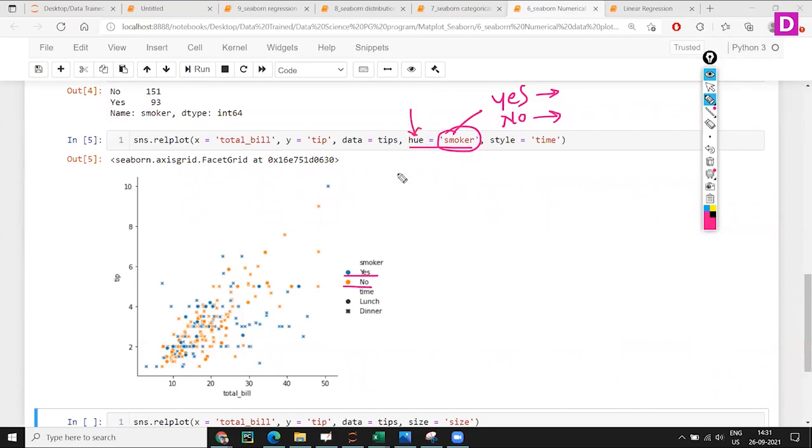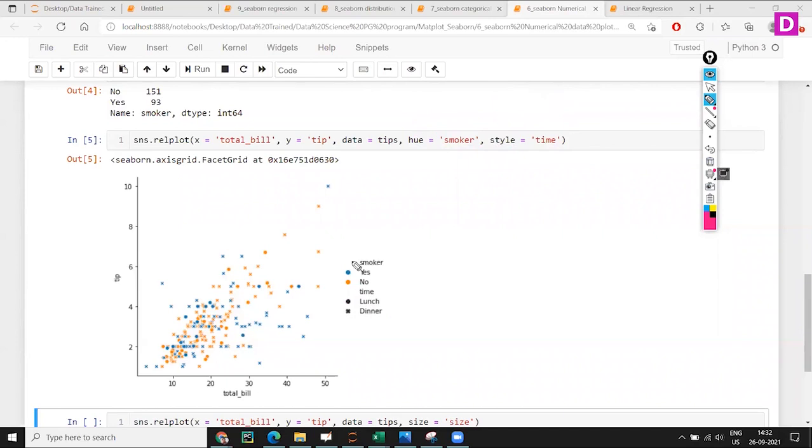That is what this particular parameter will do. And I have style. Style is time. So it is going to give a different style, a different design, for different times. Like, the style of lunch is a circle, and the style of dinner is a cross.